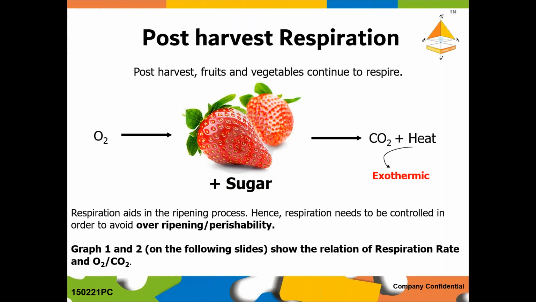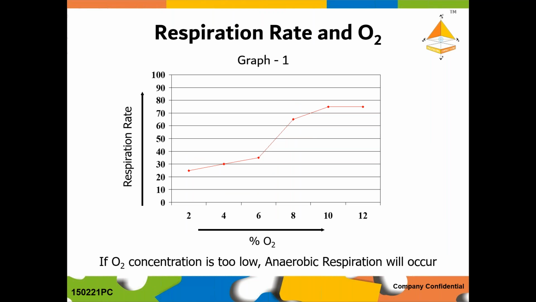Post-harvest, oxygen plus sugar, and then that is what I explained before. There is generation of carbon dioxide plus heat, exothermic reactions. Move through the graph. This is respiration rate and oxygen. If O2 concentration is too low, anaerobic respiration will occur.